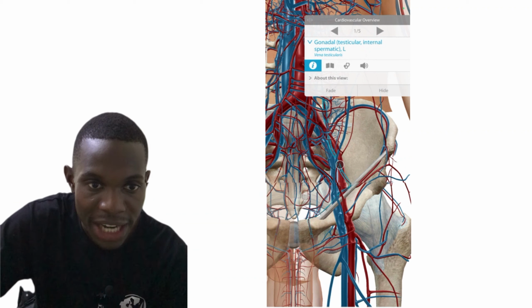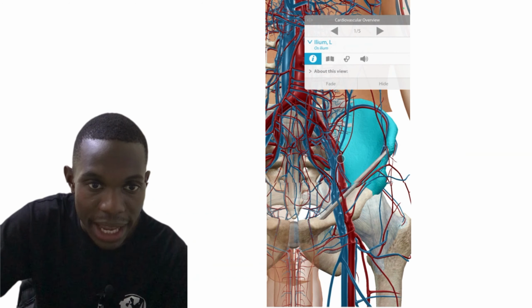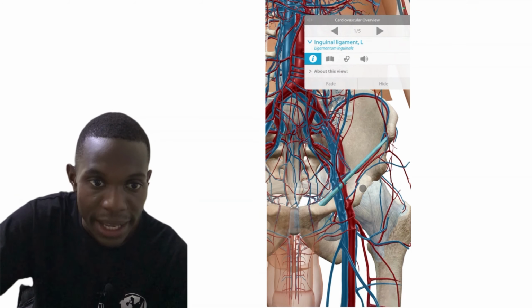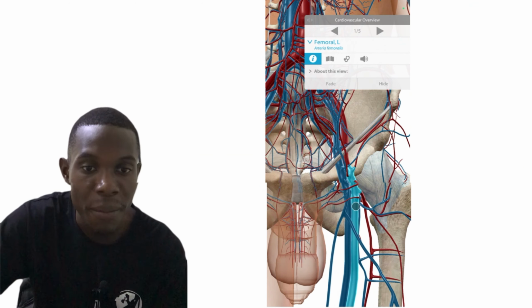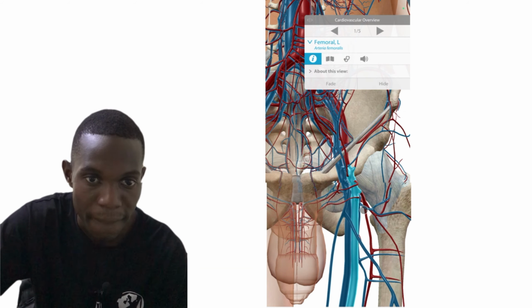The external iliac artery, as you can see, behind the inguinal ligament, is going to continue as the femoral artery. That's your femoral artery.